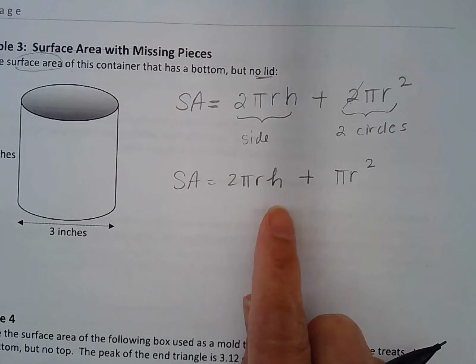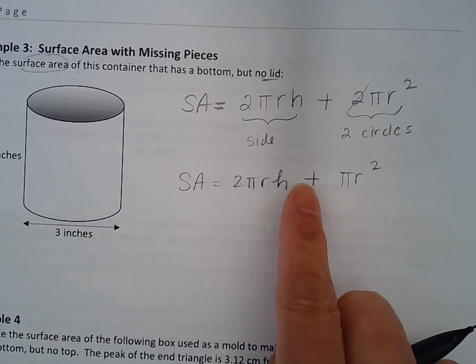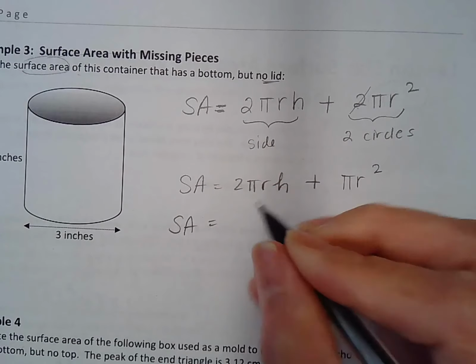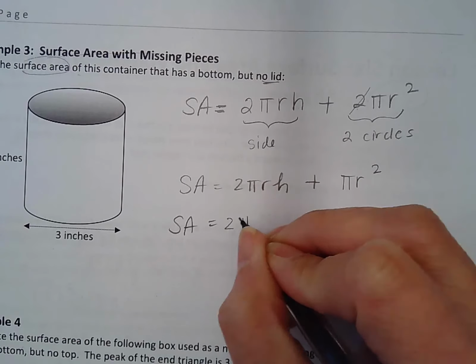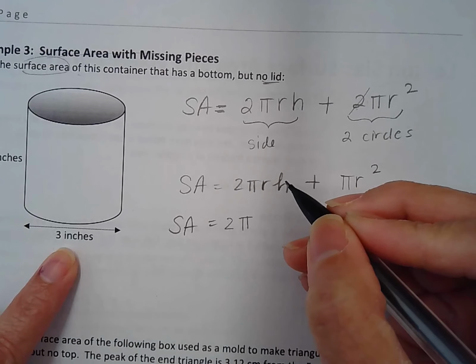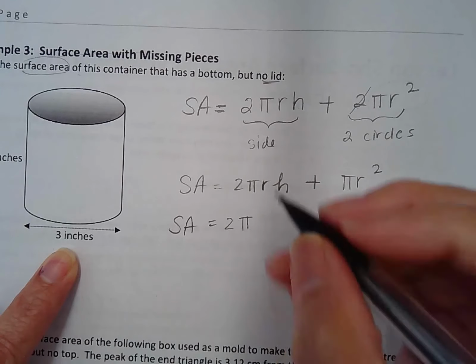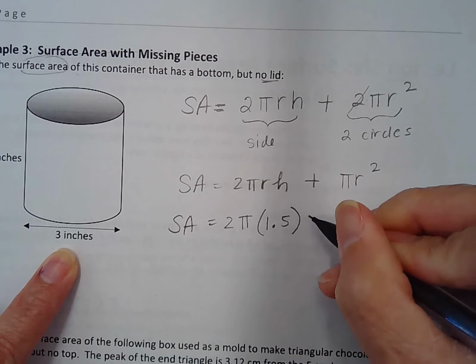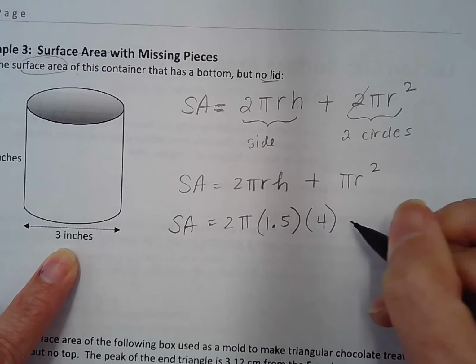Now that we have that, we can put the values in. Surface area is equal to 2 times pi times r. What's my r? 1.5. And height is 4.